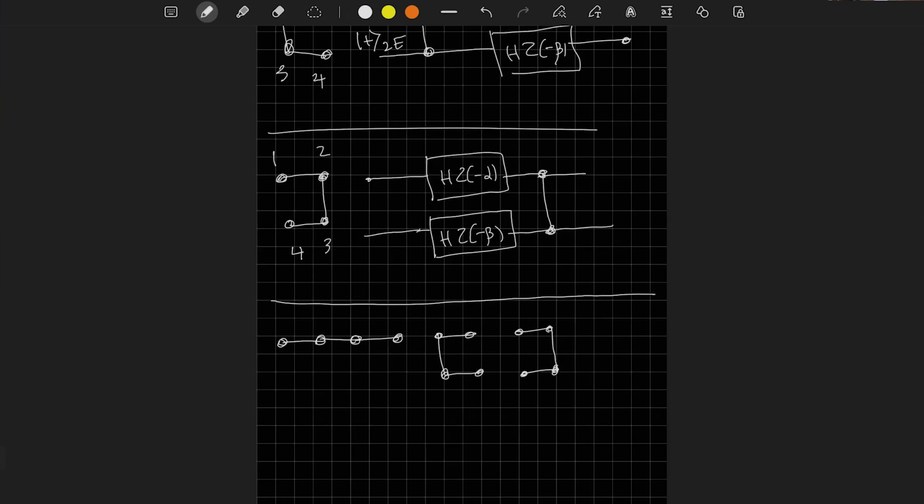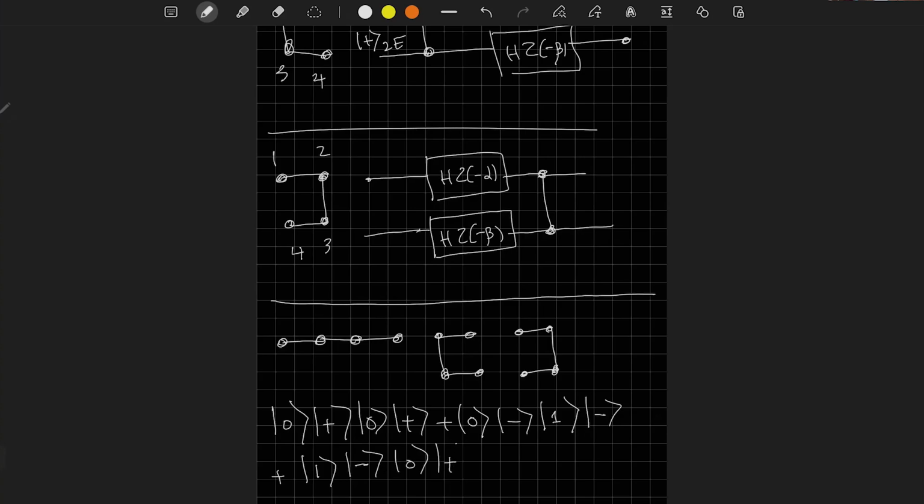They also have cat representations, and that cat representation is 0 plus plus. Just writing this down because I can use this later. So this is for cluster 4 qubit.